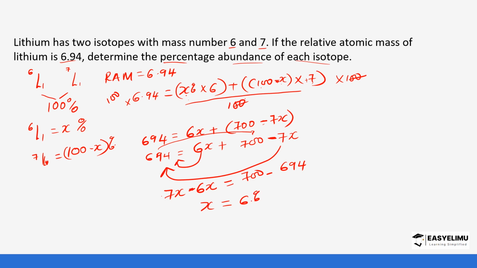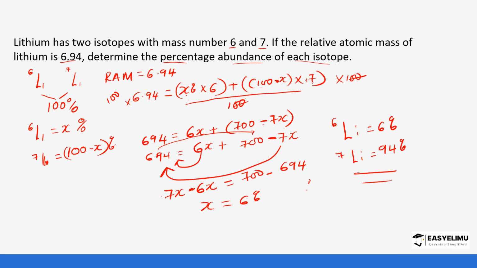Lithium 6 will have a percentage abundance of 6%, while lithium 7 will have a percentage abundance of 100 minus 6, which gives us 94%. So those are our answers. Let's do one last question and then we close.